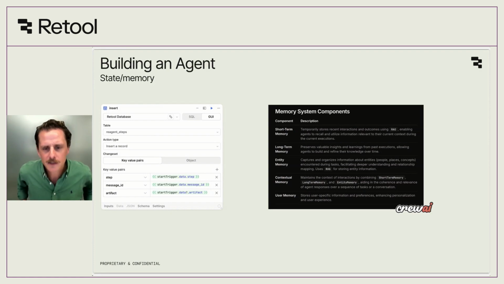I think the key here is flexibility, right? The way that you need to build memory into your agents tends to be quite application specific. And ultimately having the control over how you implement that, regardless of what tool you use, is going to prevent you from getting stuck when you're building.